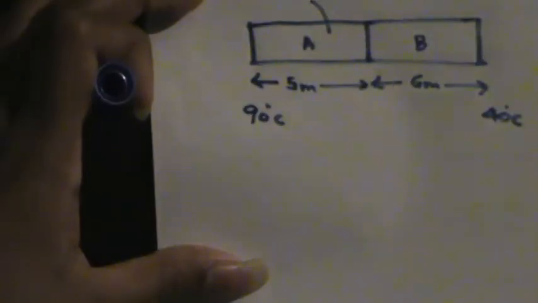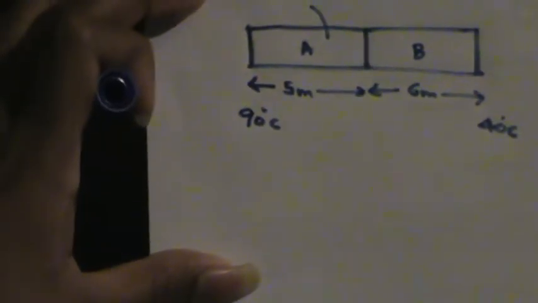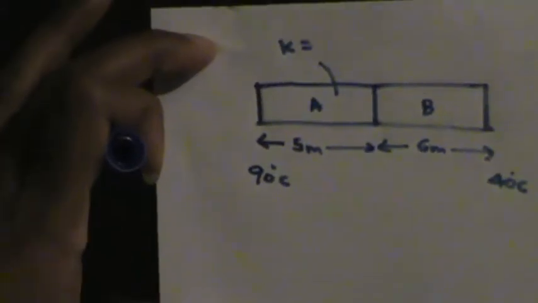K of this rod to be 0.2. These are just arbitrary values I'm taking. K of this rod to be 0.4.